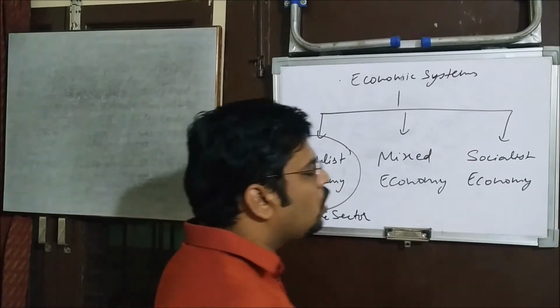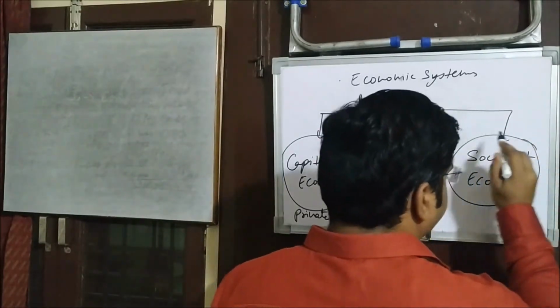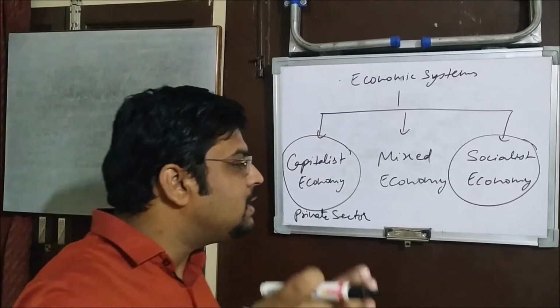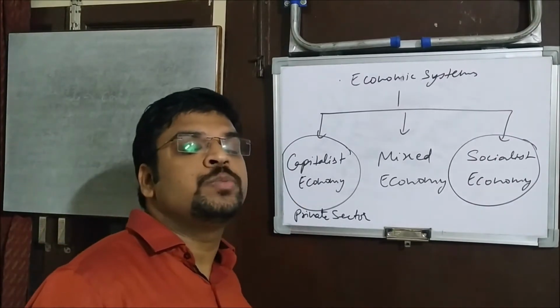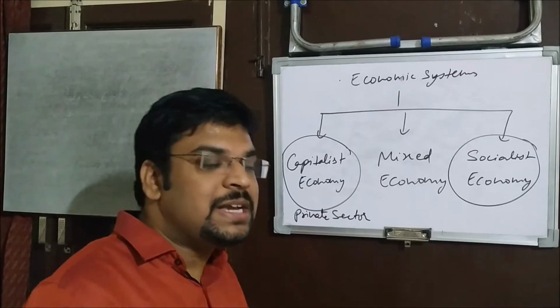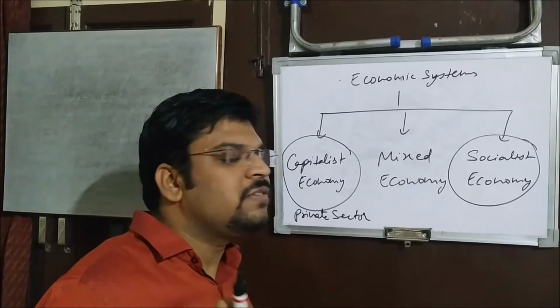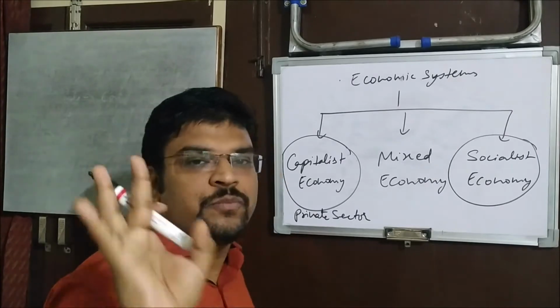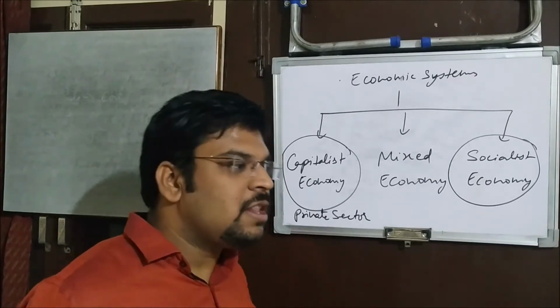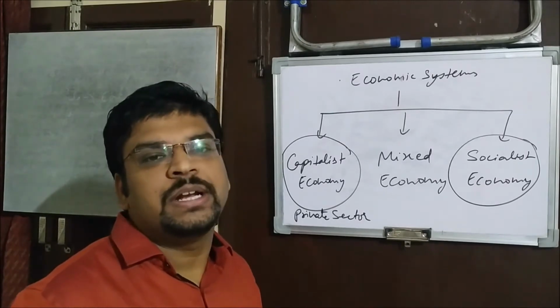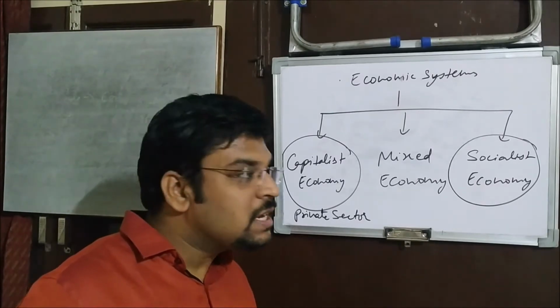Now let's talk about the socialist economy. In a socialist economy, the government undertakes the entire responsibility of industrial development in its own hands. They do not give anything to the private sector. They will set up the infrastructure and run the whole industrial system in the country.